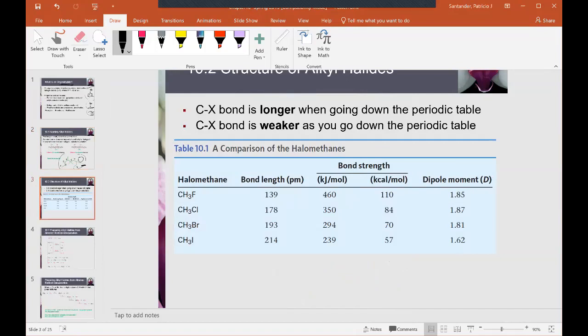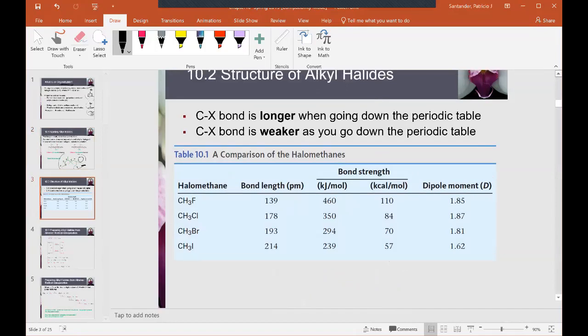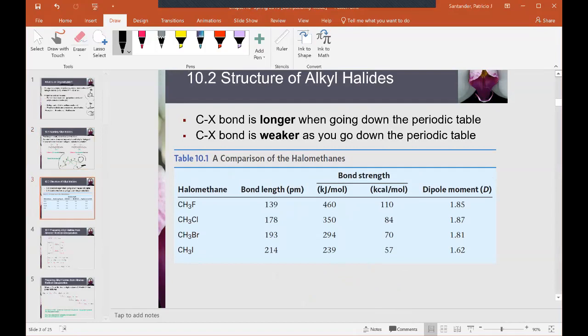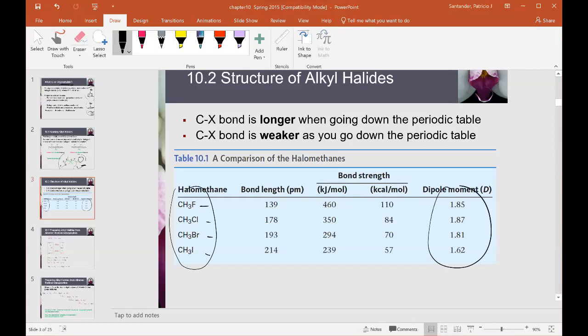Properties of these alkyl halides. Well, because the halogens are more electronegative than carbon, you should expect that there will be a polarity in those bonds. Actually, you can see that no matter which halide you are dealing with, whether it's a fluoride, chloride, bromide, or iodide, in all cases the dipole moment is not very different, but in all cases the dipole moment is greater than 0.